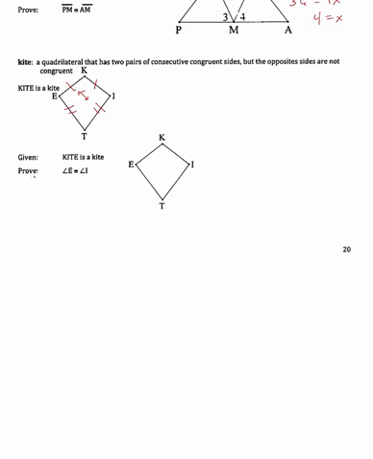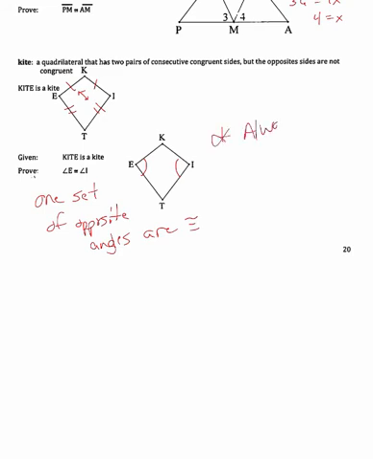Now, one of the properties of a kite is that the opposite angles are congruent, but you only get one set, so I want to be clear. One set of opposite angles are congruent. And, to be a little more specific, it's always the angles connected by the shortest diagonal.